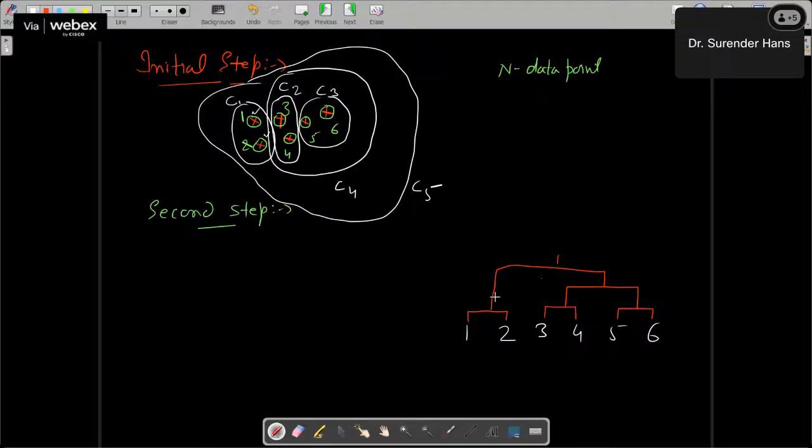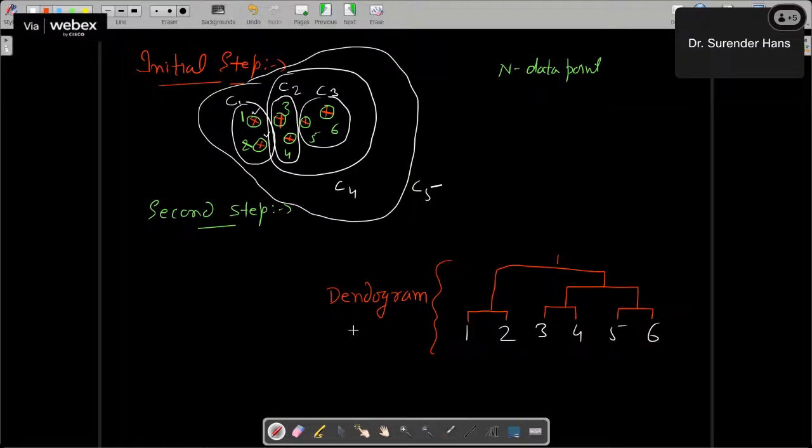Okay, so like this. This kind of representation we call a dendrogram. So a dendrogram is a tree-like structure. Clear?